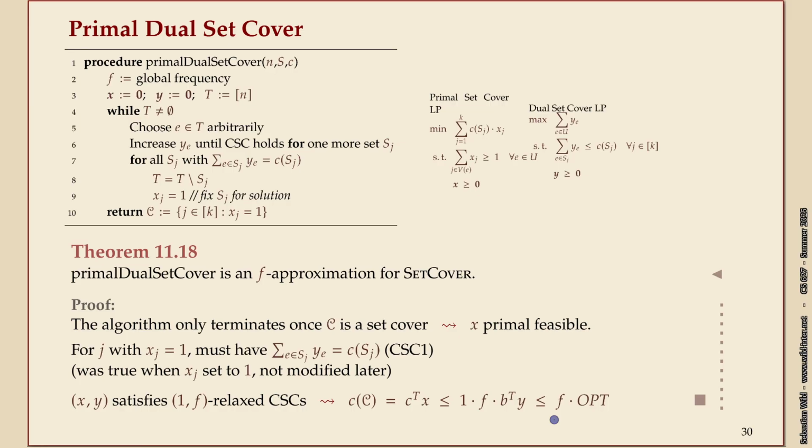I guess we would need to argue that y is feasible, but we keep y feasible initially and throughout. Unlike for the primal, for the dual problem, setting all y's to 0 is a feasible solution. And so it's initially feasible.